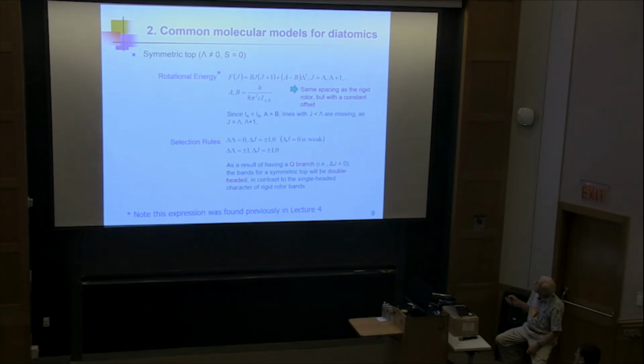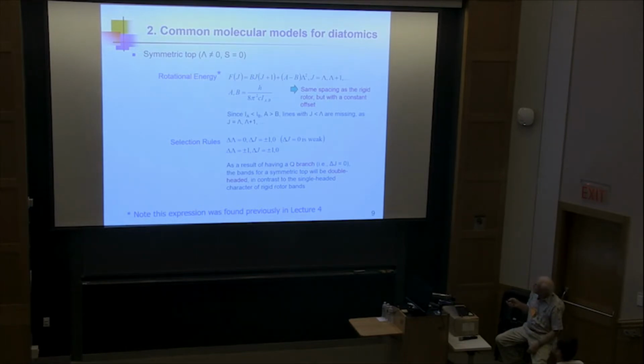When lambda is 0, it goes away, we're back to the rigid rotor. When lambda is here, we've got to put this in. The selection rules are delta lambda is 0. So whatever the lambda is in the lower state, it's got to be the same in the upper state. And delta J is plus or minus 1, and now can also be 0, but that one's weak.